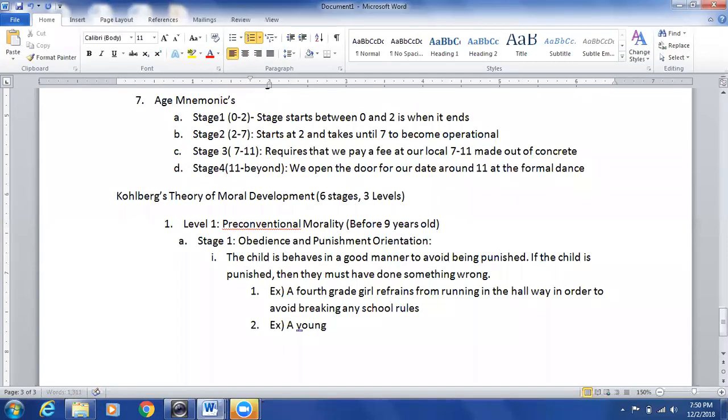Another example is a young boy who will behave himself in the store to avoid being yelled at by his mother.